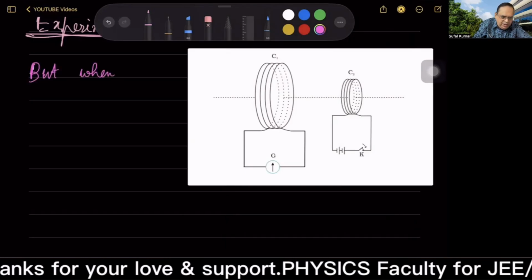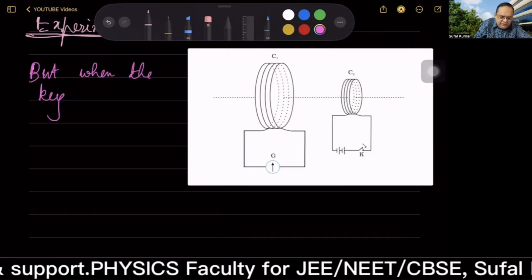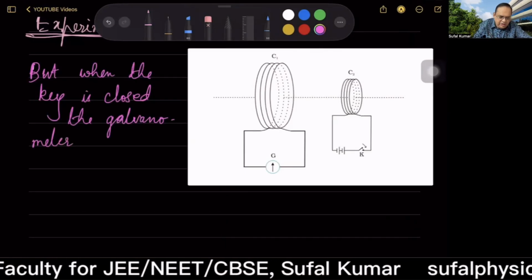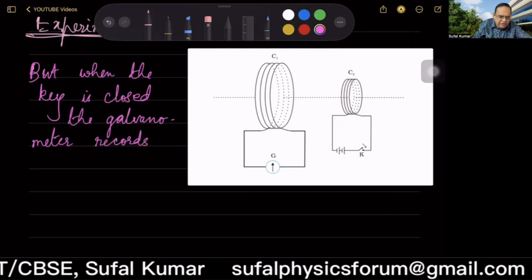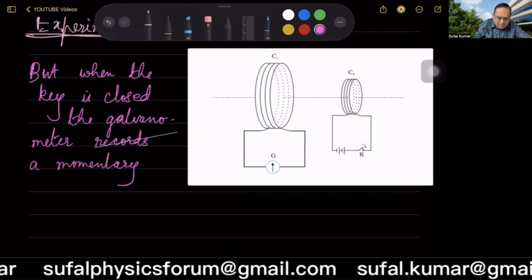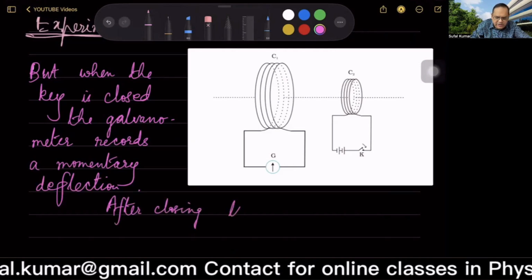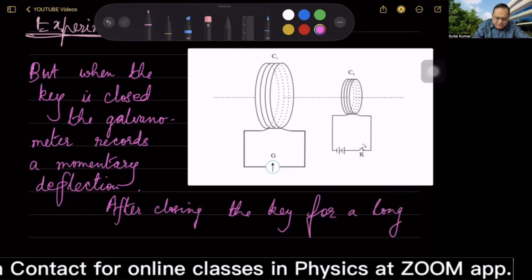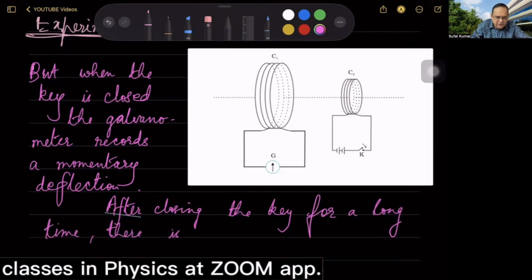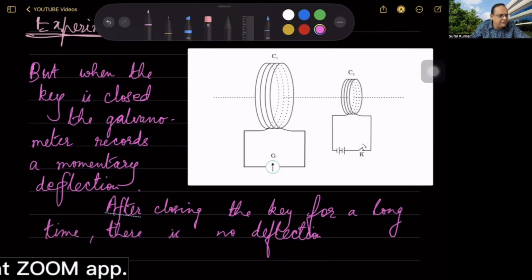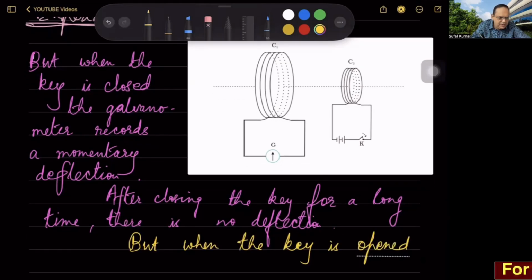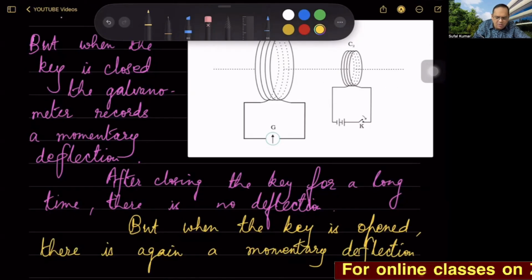When the key is closed, the galvanometer records a momentary deflection. After closing for a long time, there is no deflection. When the key is opened, there is again a momentary deflection, but in the opposite direction.